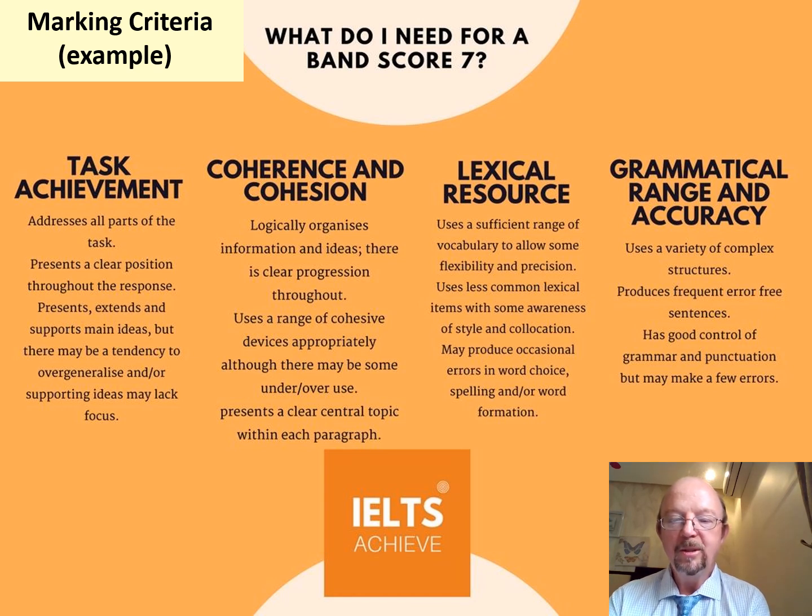Lexical resource is using, of course, the correct types of words, maybe some uncommon words, in order to describe a specific situation, or to report on some figures, or to give your ideas and opinion in an essay. Grammatical range and accuracy is structuring your sentences correctly and using all kinds of sentences, like simple sentences, complex ones, maybe sentences with the if clause, and then also passive voice and so forth.